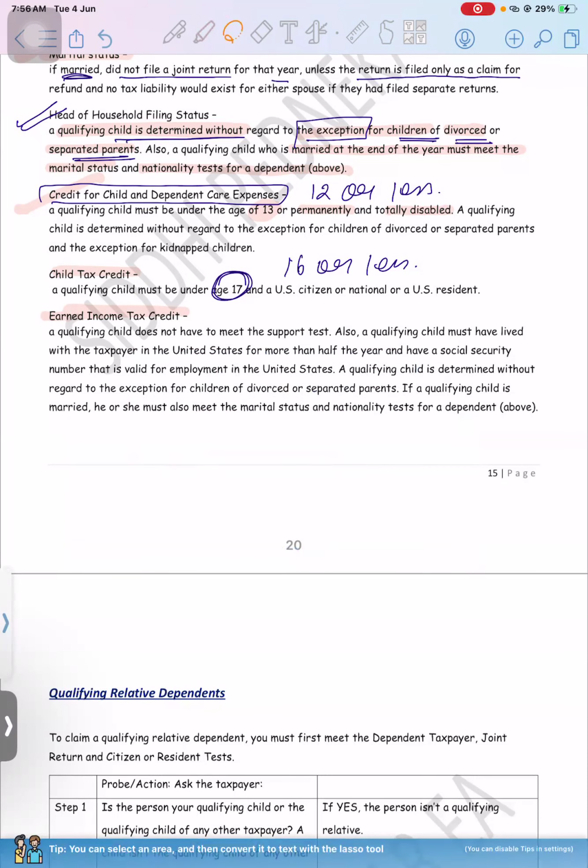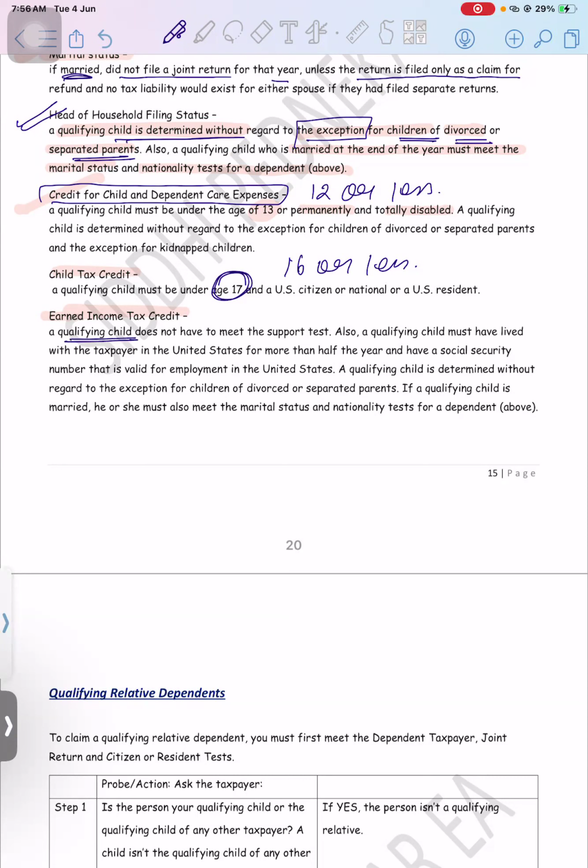Earned income means actively involved in the business, right? Or in earning that income. We have done it in the first lecture, what is earned and unearned income. So a qualifying child does not have to meet the support test. Only that 50% support test is an exception when you understand the EIC credit.